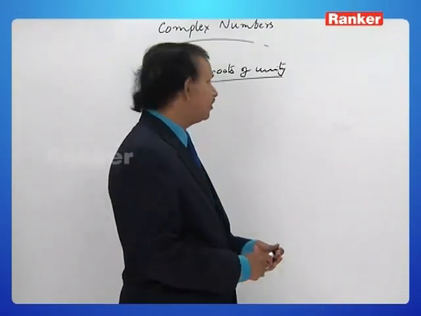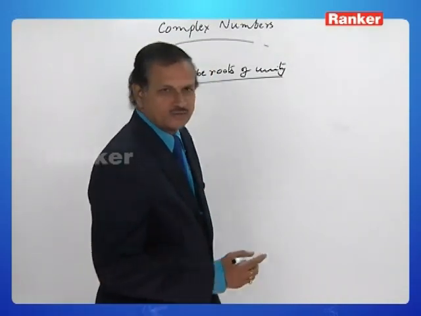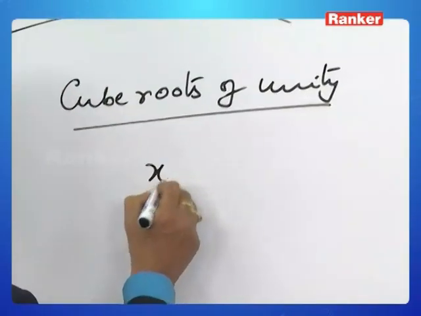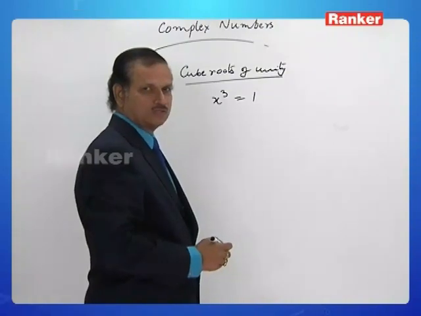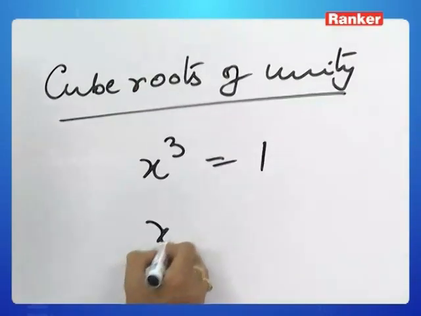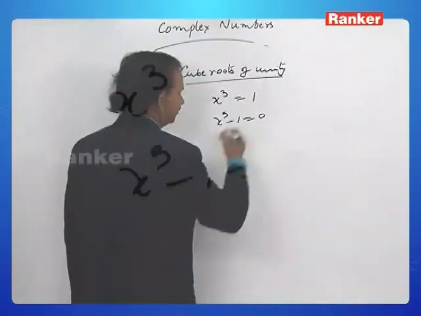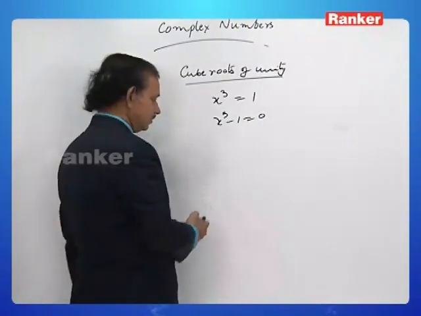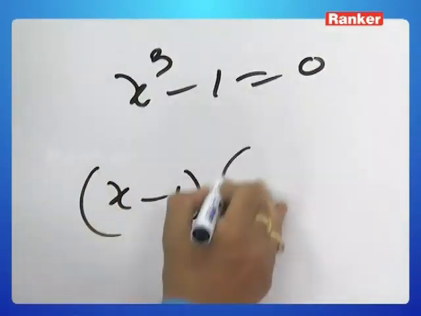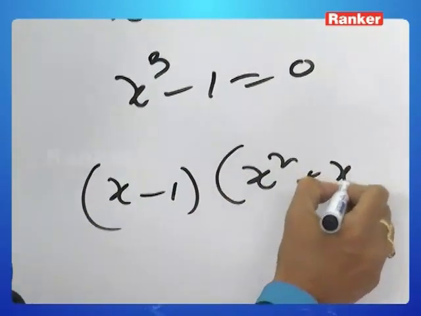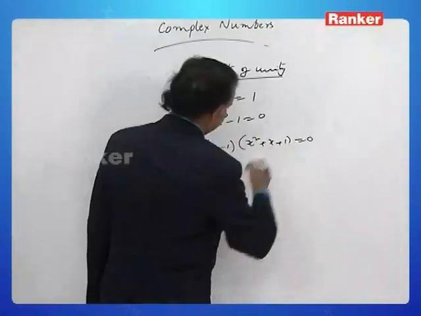What do you mean by the word cube root of unity? Consider the equation x cube is equal to 1. Then x cube minus 1 is equal to 0. With the usual algebraic transformation, it can be written as (x minus 1) into (x square plus x plus 1) is equal to 0.